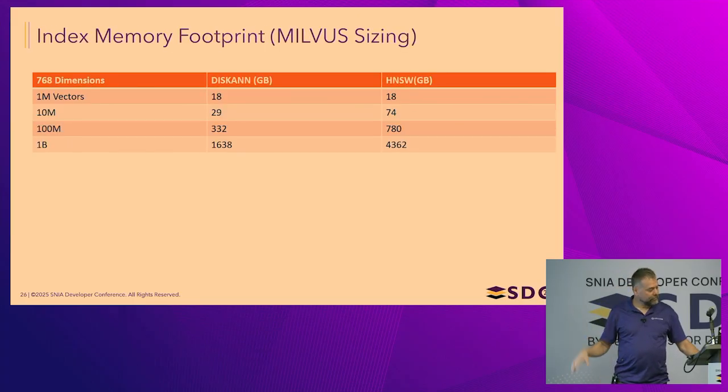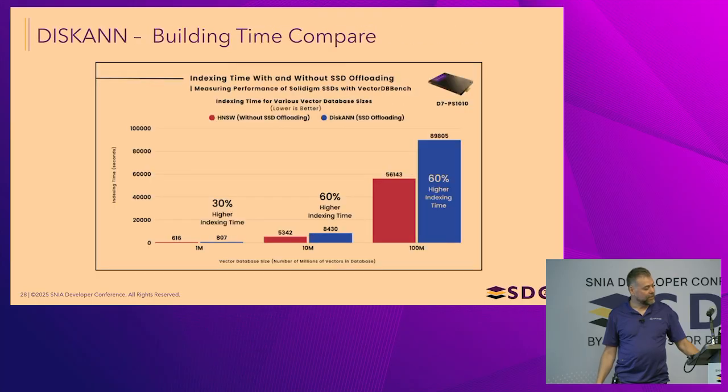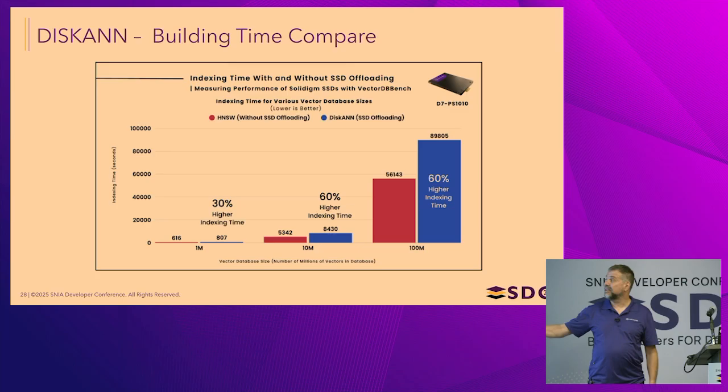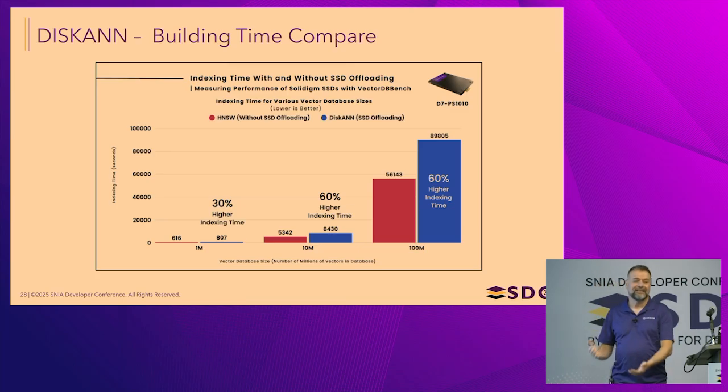And again, just the footprint, how much each vector size would be. Obviously, we have drawbacks. One of the biggest drawbacks is how long it takes to build the index. DISKANN takes a long time to build the index, right?